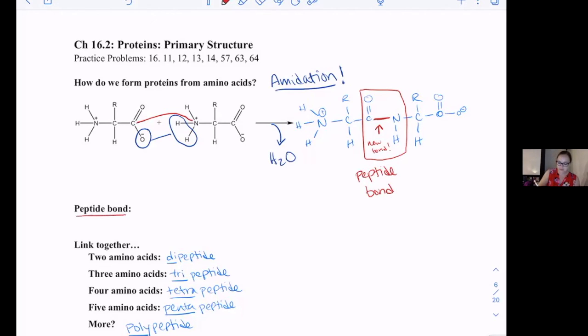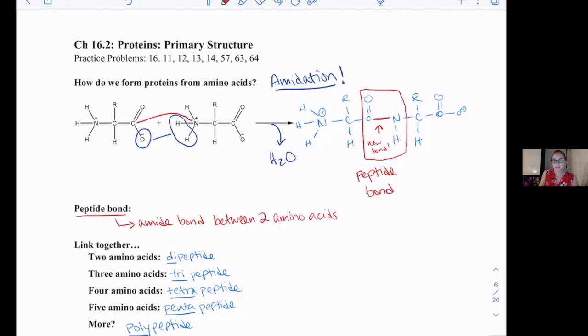The full definition of this would be an amide bond between two amino acids. So we make an amide through an amidation reaction when we lose water in order to make a peptide bond, a new amide bond.